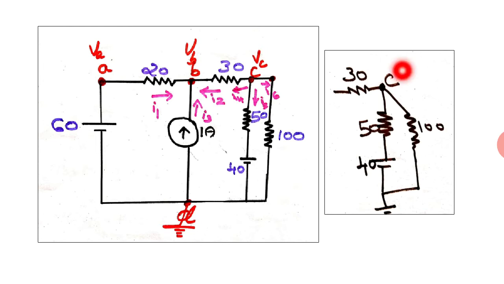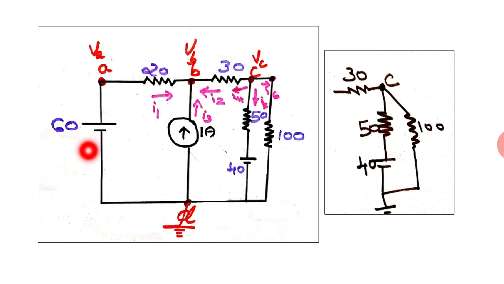Here C is a common node. If we bring this point here, we can redraw the figure like this. Once we have identified the nodes, our aim in nodal analysis is to find the node voltages VA, VB and VC.